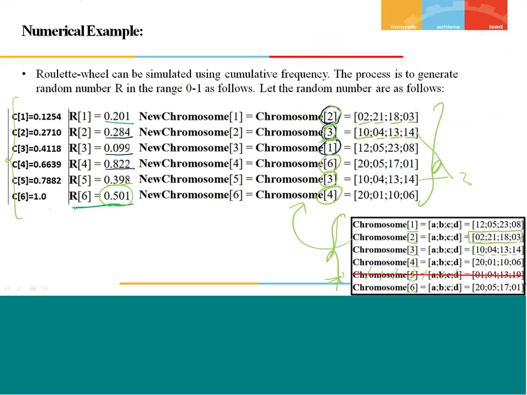And in this exercise, we lost chromosome 5. What is re-baselining you mean to say? We are selecting it, right? We are selecting it for the crossover process, and we are selecting according to the fitness. So in this process, we lost chromosome 5, right?